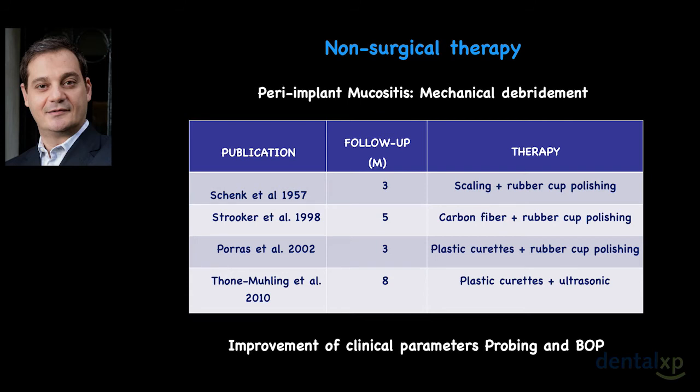In all the studies, the therapies are mainly scaling, rubber cup polishing, carbon fibers, and all of these to reduce the amount of scratches on the implant. They said in the result, if you look at all of the reviews, you can see an improvement of clinical parameters, probing and bleeding on probing. And this is what I mentioned to you, that we have to be very careful how we take probing as a guide, as a parameter. The same thing for bleeding on probing.